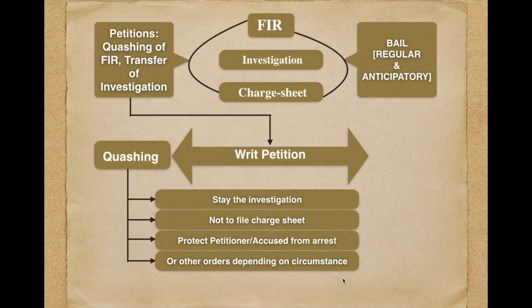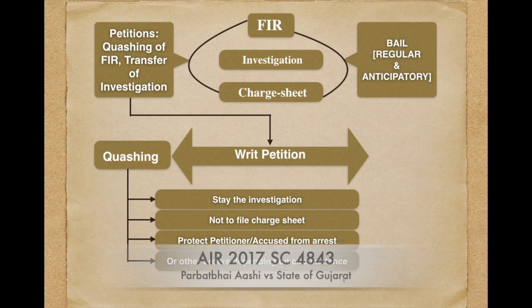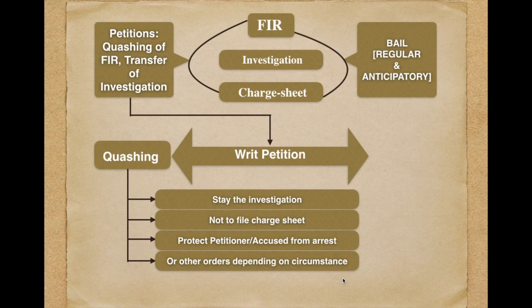In such a scenario, the High Court may impose cost, and it does, for using the government machinery before allowing the petition. It depends on the facts of each case. The Supreme Court in the case of Parbat Bhai Ahir has given certain guidelines in this regard. I will also place those guidelines on the screen at the end of this video.